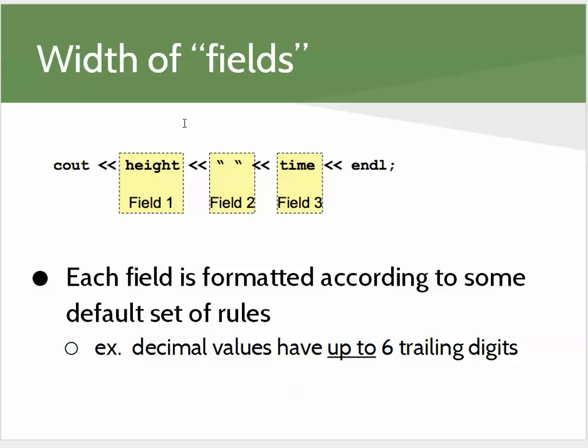So if we've got the number 1.333 with trailing threes, we'll have 1 point with 6 threes. The default representation of 10.333 would be 10 point, with just 5 trailing digits. So the total width of a double that gets printed out really is just 8.